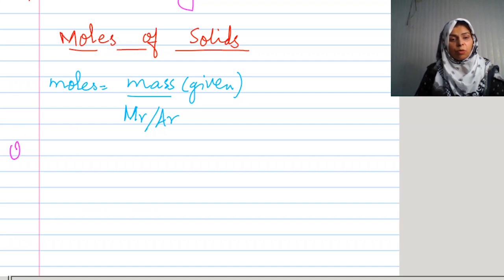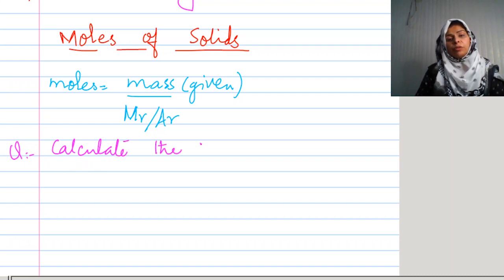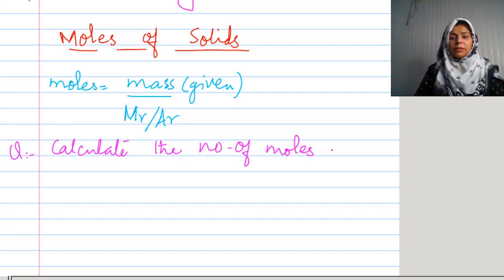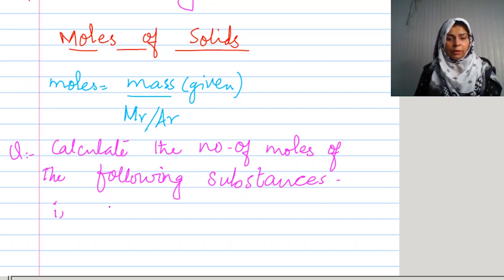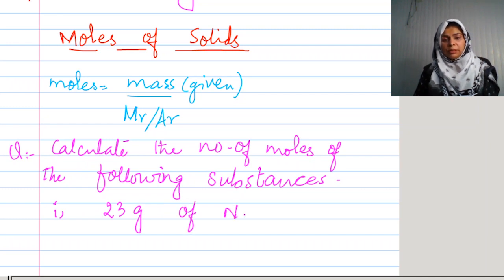For example, we have a question: calculate the number of moles of the following substances. Number 1, 23 gram of sodium, which is an element.